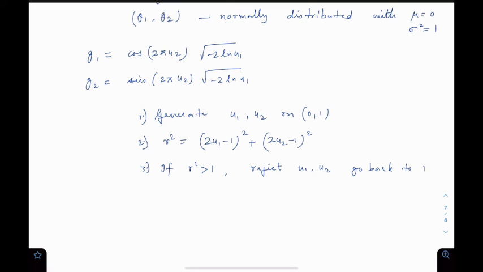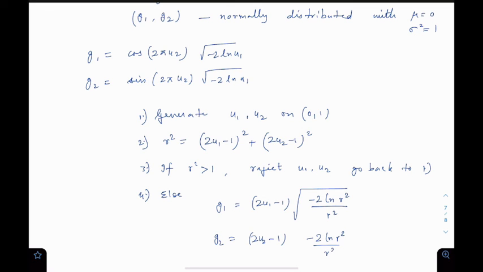Otherwise, we define g1 equals (2u1 minus 1) times the square root of minus 2 log of r square by r square, and g2 equals (2u2 minus 1) times the square root of minus 2 log of r square by r square. This saves the time of evaluating a sine and a cosine at the slight expense of rejecting about 21% of the uniformly generated points.